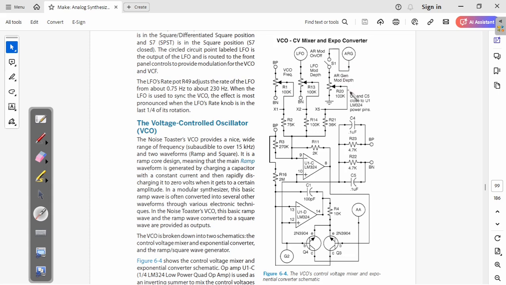Okay, so you have 3 pots, you can control this, and you end up at the inverting input of the op-amp. And you can see here the feedback loop with that R11. Depending on what input you select, you get a different amplification factor, because I'm sure the voltage levels are going to be different.